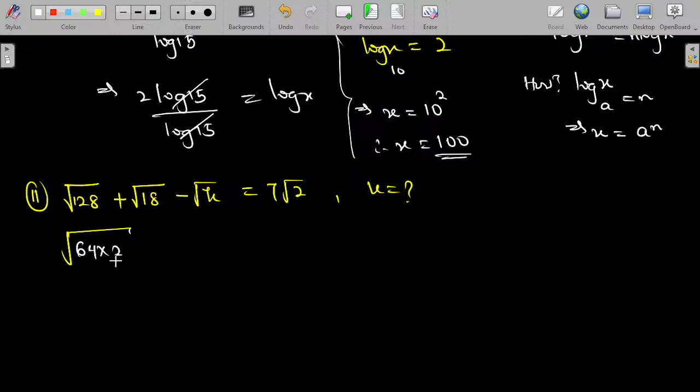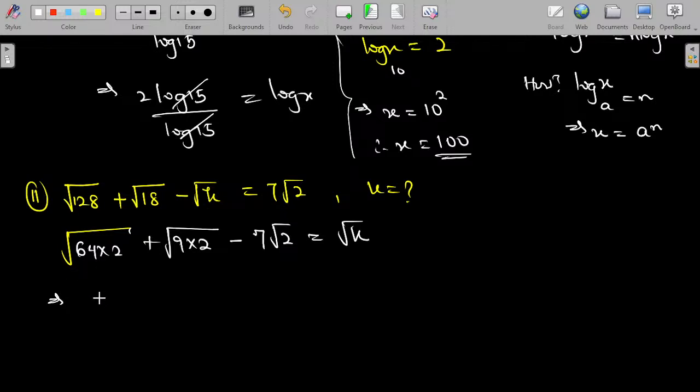Why did I break it this way? Because 64 is a perfect square. Then I'll come here. This is the same thing as 9 times 2, because 9 is a perfect square. So I'll bring over this one, and that will give me minus 7 root 2 is equal to, this one coming over here will become positive root k. So from here I can easily simplify.